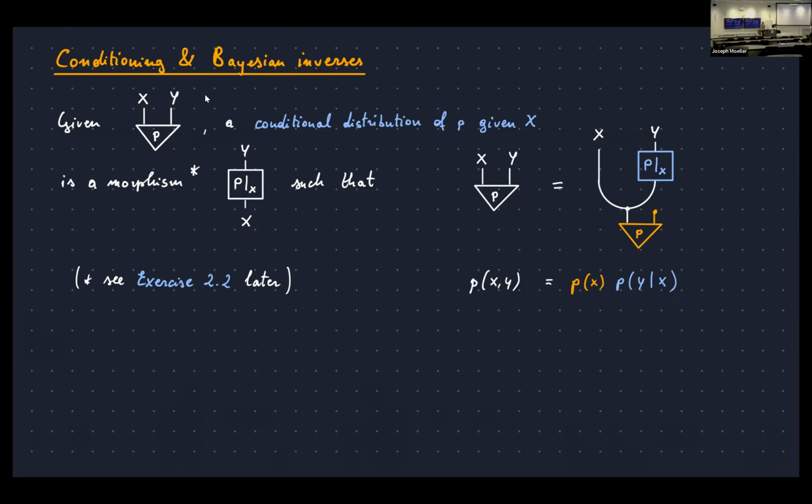Now, there are some nice Markov categories where you can turn this inference process into an actual morphism. So where you can find, in this case, let's say we want to go from X to Y. What does it mean that we have a conditional?